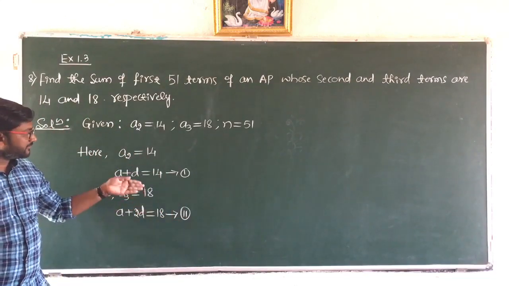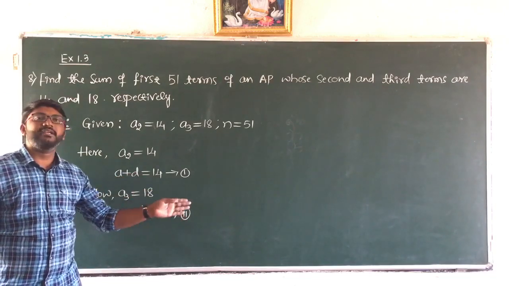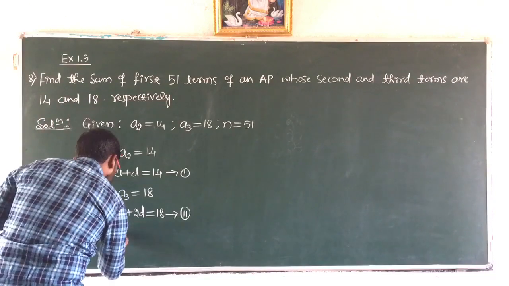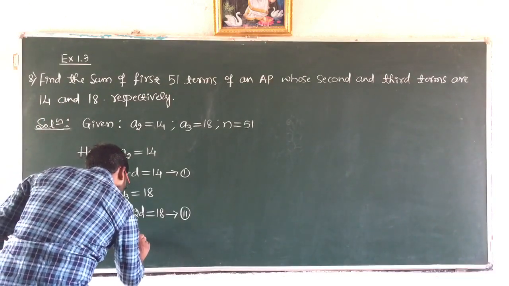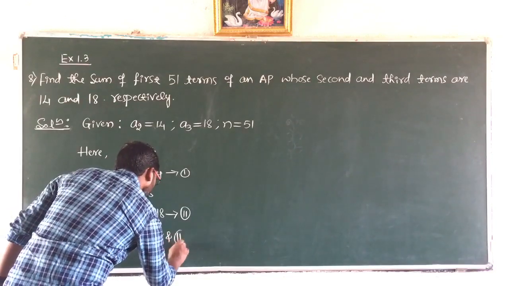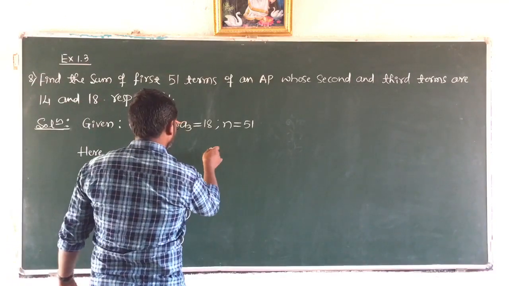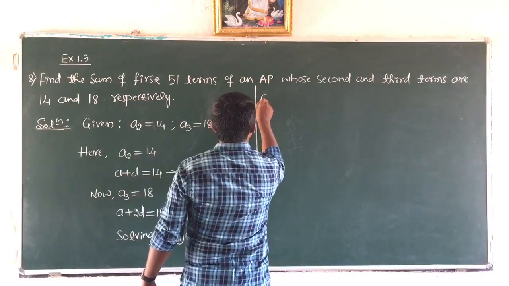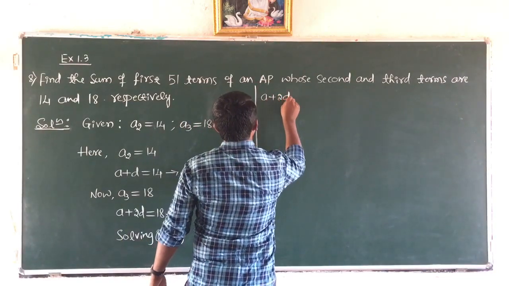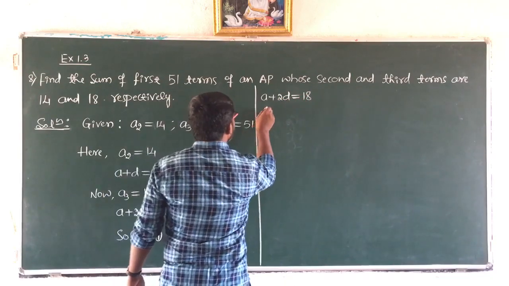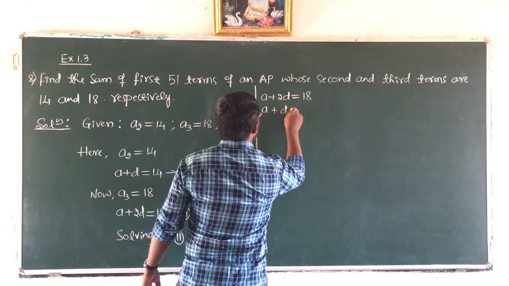Now we have to solve equation 1 and equation 2 in order to get the values of A and D. Solving 1 and 2. So now A plus 2D which is equal to 18, and then A plus D which is equal to 14.